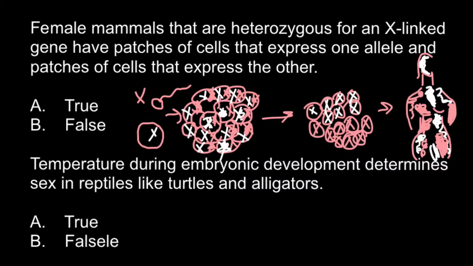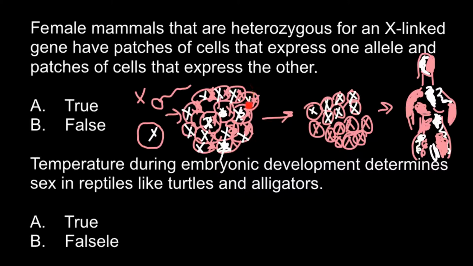So we can say that any female would be chimeric for the X chromosome, and different proteins can be produced by different alleles, and that means that different traits can be expressed. And once again, this is totally random process.